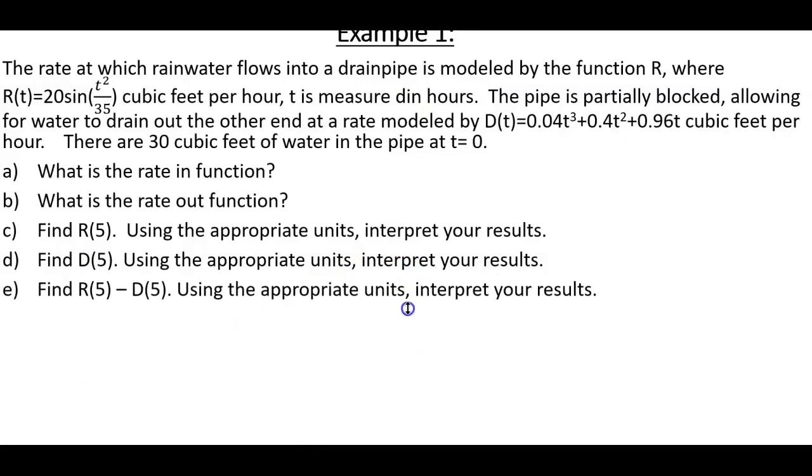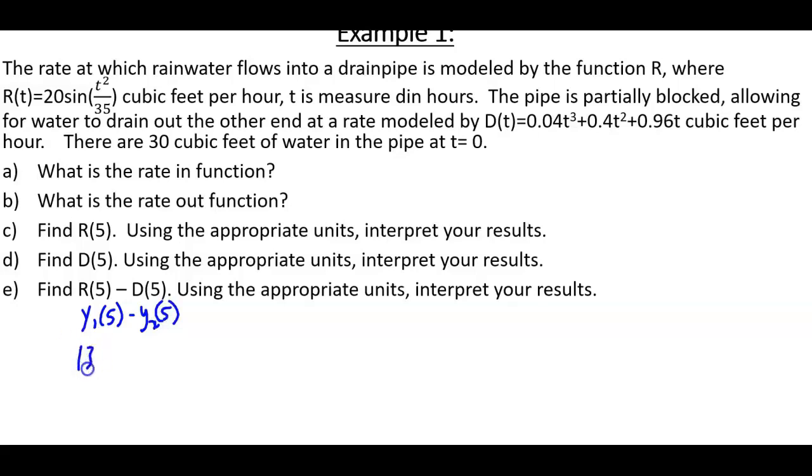Now they want me to find R of 5 minus D of 5. All right, now luckily I already found these two things, so I don't have to go back to my calculator, although you could just type this into your calculator and it will do it for you. However, we already know what R of 5 is and what D of 5 is.